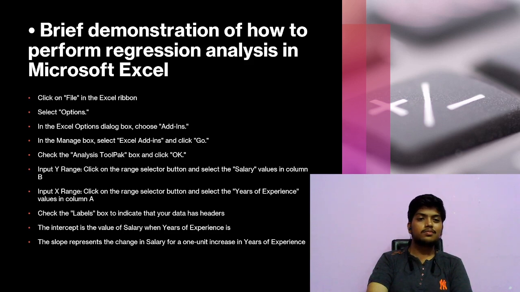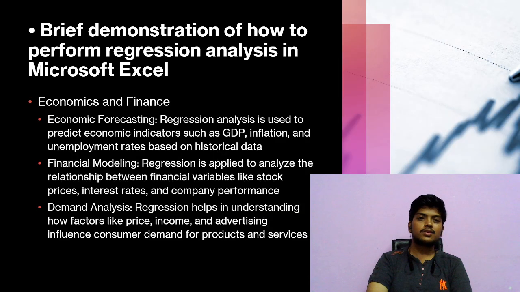Click on the File ribbon, select Options. In the Excel Options dialog box, go to Add-ins, in the Manage box check the Analysis ToolPak. Input the Y range, input the X range, check the labels. The intercept is the value of the salary when years of experience is zero, and the slope represents the change in salary for a one-unit increase in years of experience.